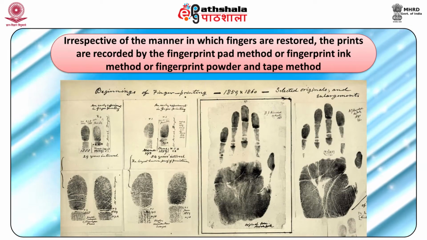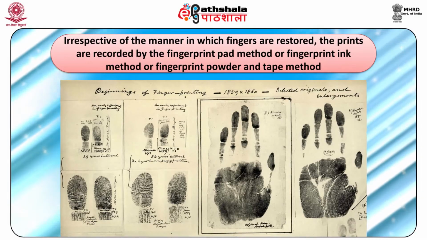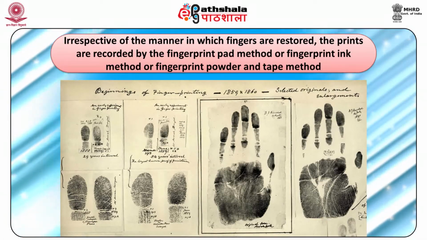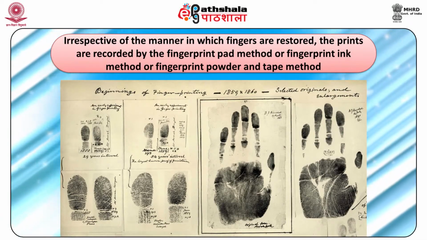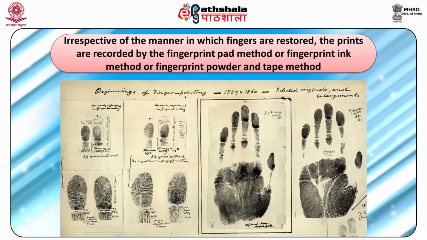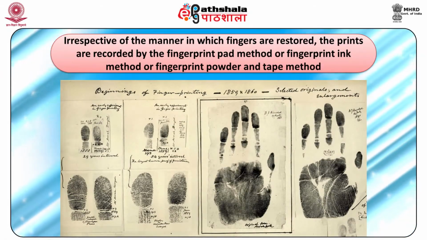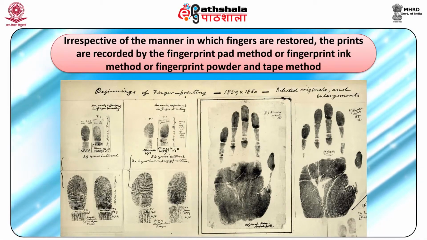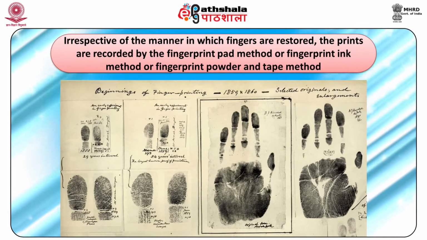Irrespective of the manner in which fingers are restored, the prints are recorded by the fingerprint pad method, fingerprint ink method, or fingerprint powder and tape method. These methods have been enumerated in the previous section.